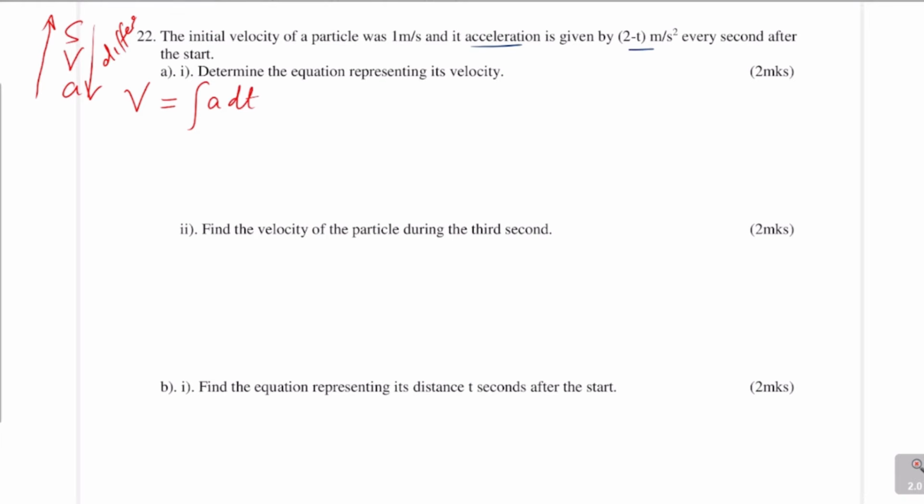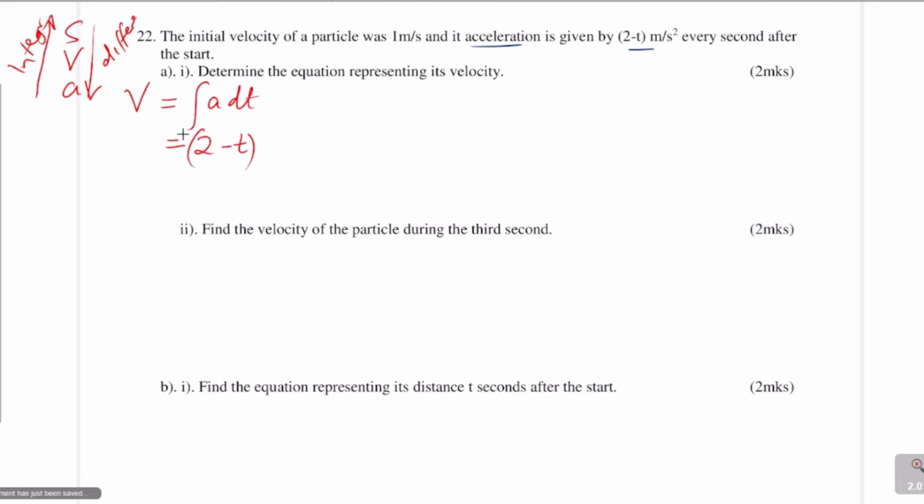Again, in case you're given velocity and you're supposed to get displacement s, you integrate velocity. So for upward movement here, you integrate. So velocity will be given by acceleration, which is 2 minus t.